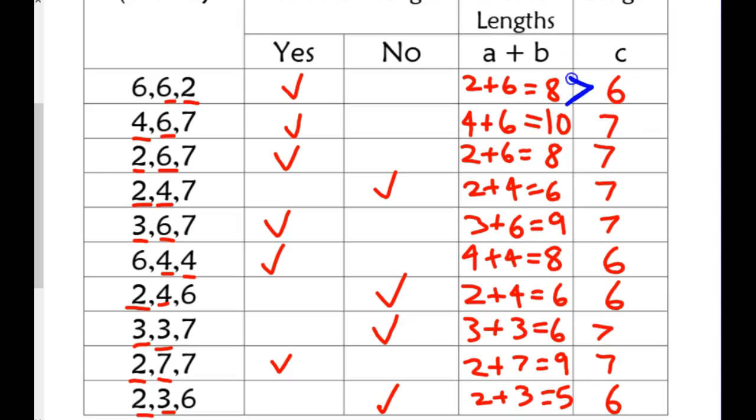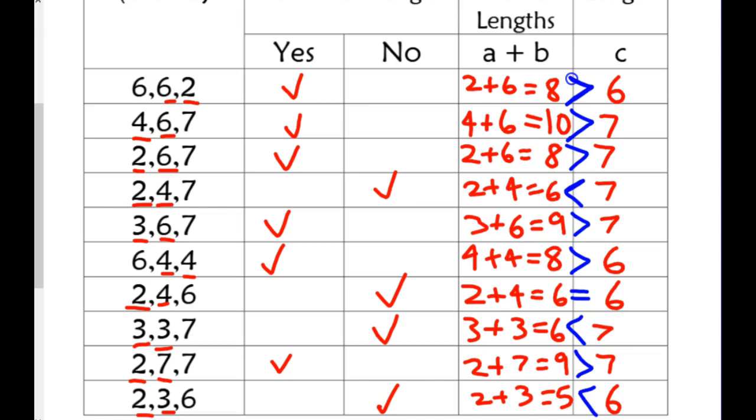And hopefully you know greater than opens towards the greater number, right? Okay, 10 is greater than 7. 8 is greater than 7. What about 6 and 7? 6 is less than 7. 9 is greater than 7. 8 is greater than 6. What about 6 and 6? Equal. Okay, 6 and 7, that's less than. 9 and 7 is greater than. 5 and 6 is less than.